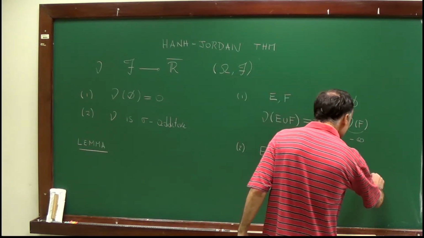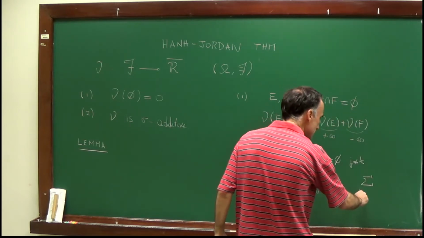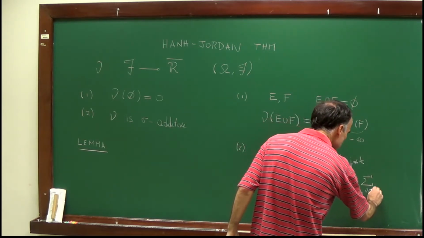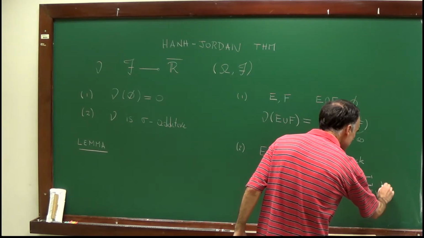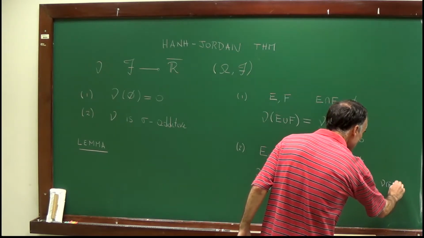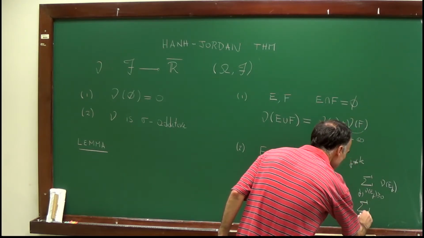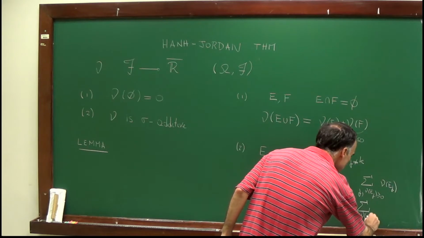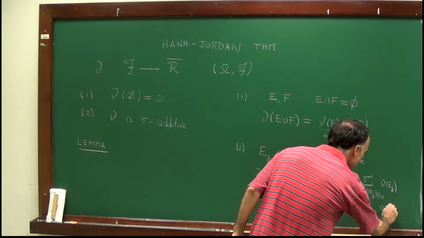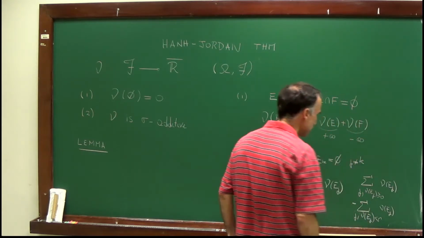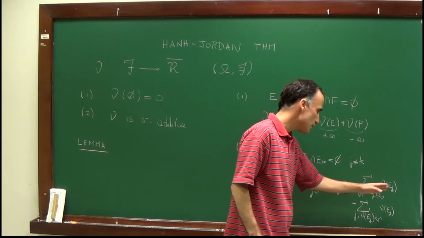if I sum only over the indices j such that nu of Ej is positive or non-negative, and if I do the same thing for the indices for which nu of Ej is negative, and let's say that I take the minus sign to make that positive, well, one of these two sums is finite.